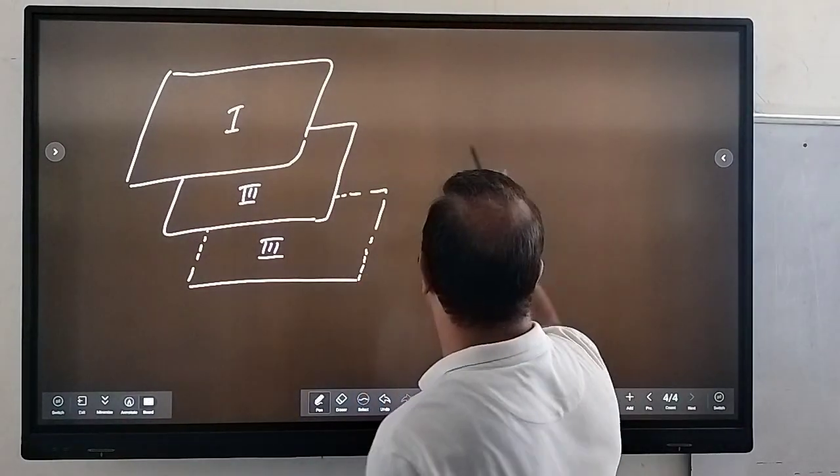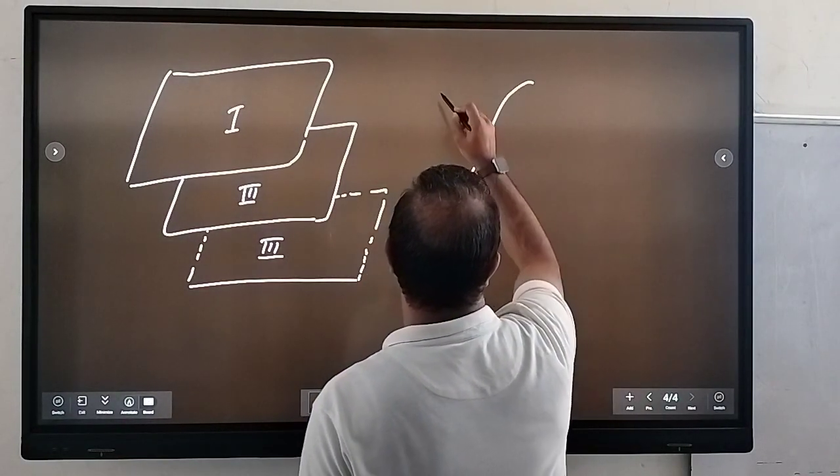So that means we can have this function like this.